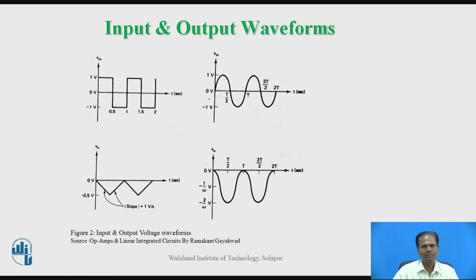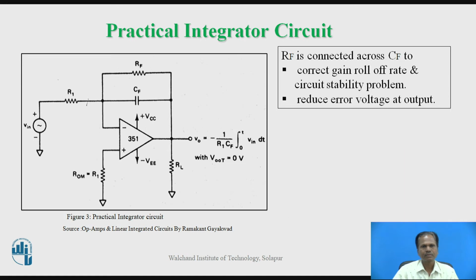So for a time interval, the input voltage is integrated at the output. Now when input voltage Vin equals 0 volt, the integrator circuit acts as an open loop inverting amplifier for the input offset voltage VIO, and the feedback capacitor CF acts as an open circuit.